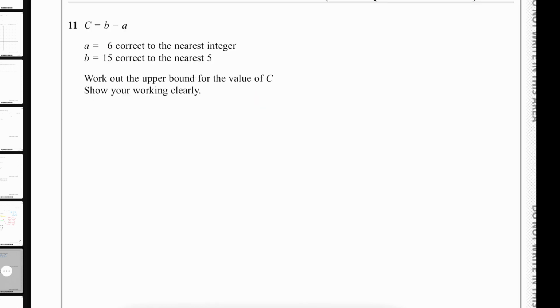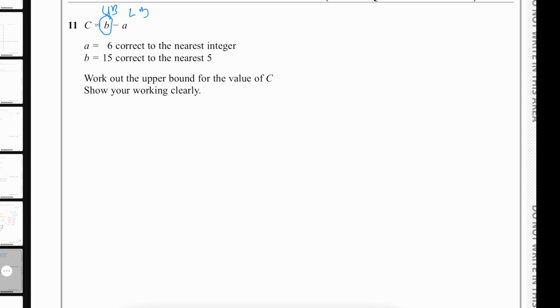Question 11 asks us to work out the upper bound for the value of c. In order to find the upper bound for C, in other words, the largest possible value, I would need to take the biggest value, so my upper bound of B, minus the lower bound of A, which would result in the biggest possible number.